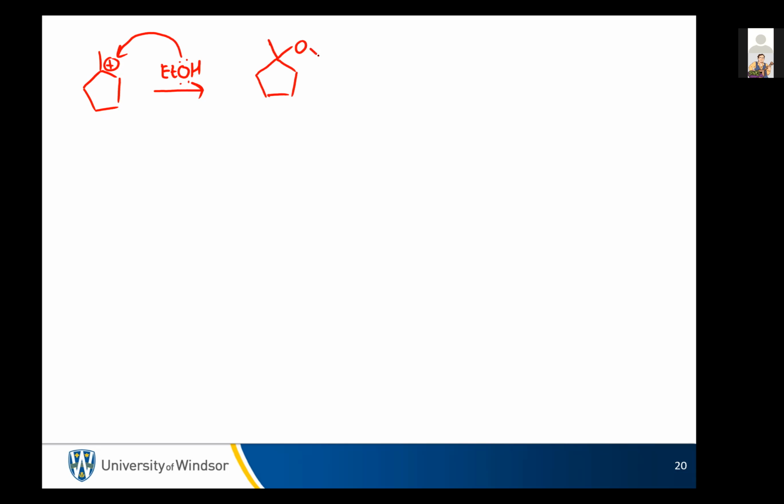A molecule of ethanol comes in and takes away that pesky little hydrogen. So we get a substitution. This went by the SN1 mechanism.